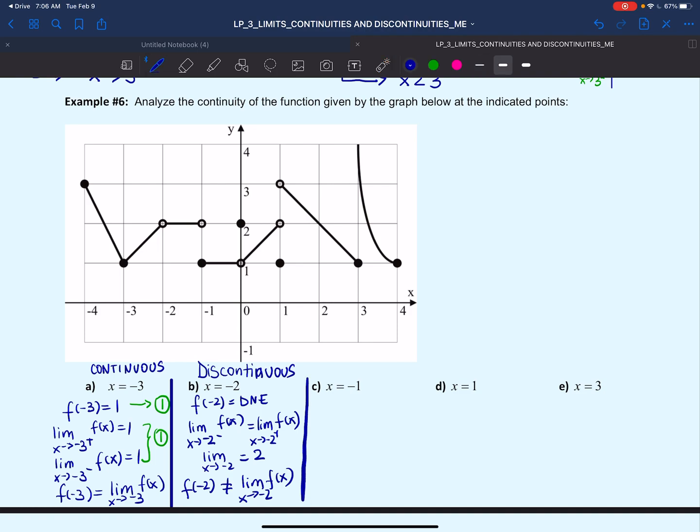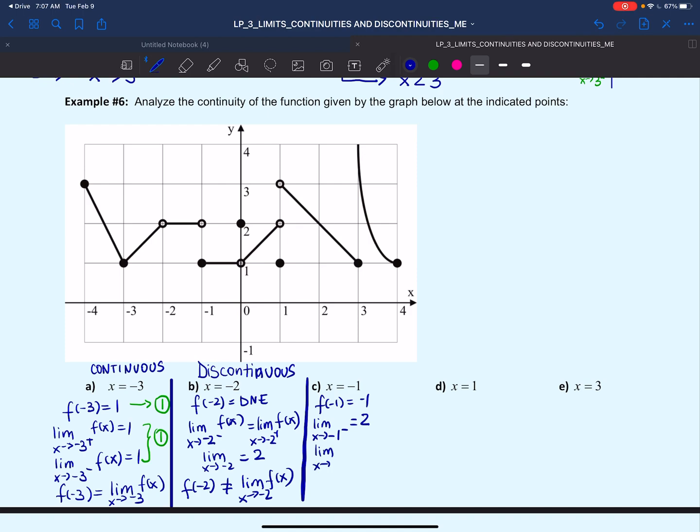we have x equals negative 1. So f of negative 1 is negative 1. Now, if you approach negative 1 from the left and the right, you notice that the left limit will be 2 and the right hand limit will be 1. So the limit as x approaches negative 1 from the left is 2.